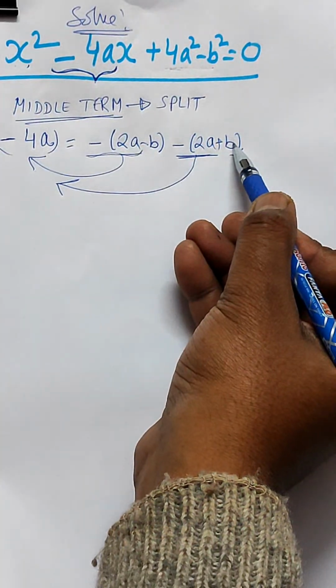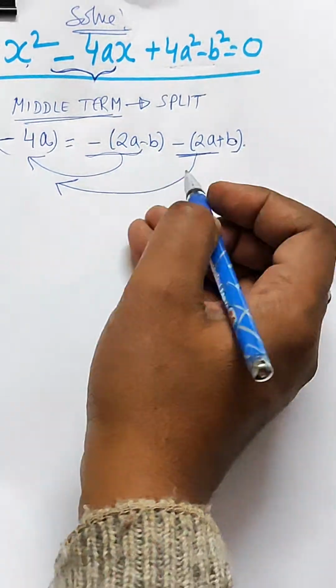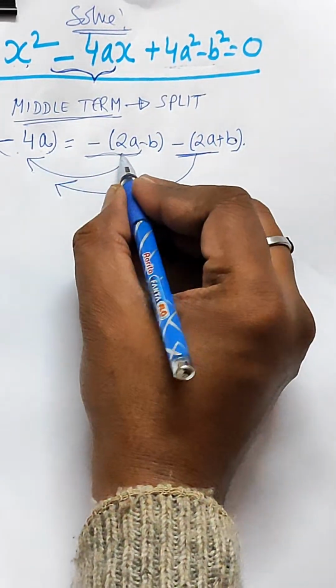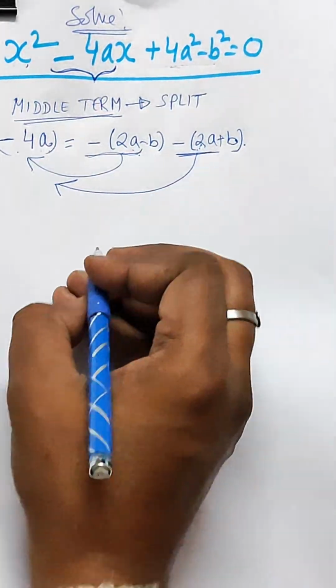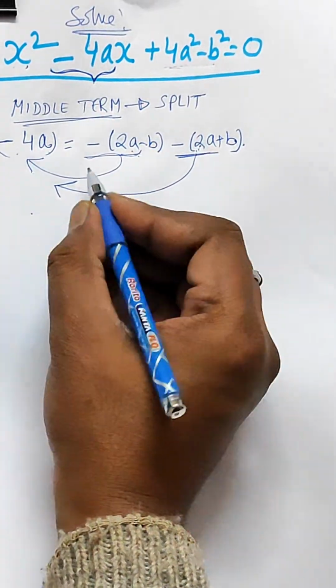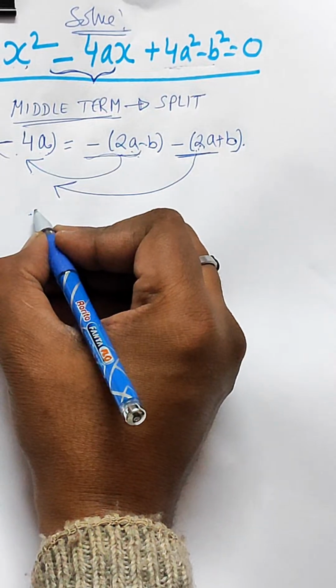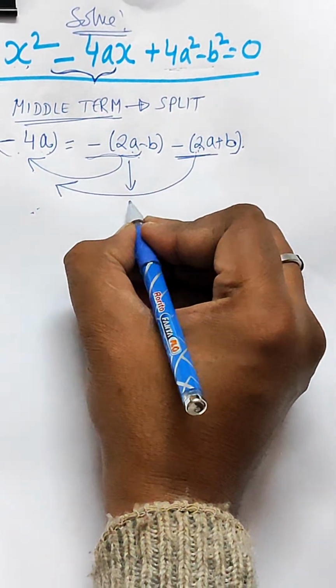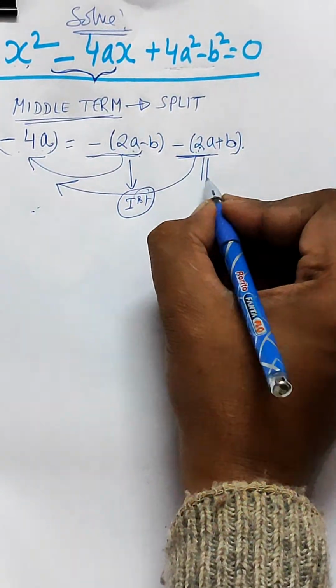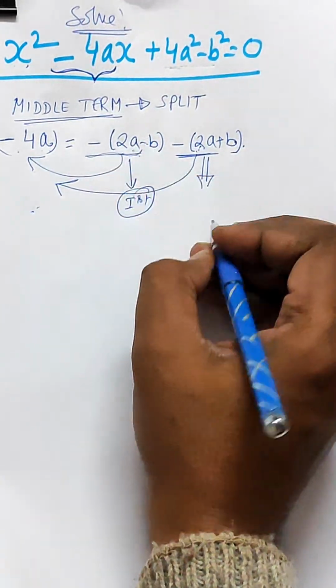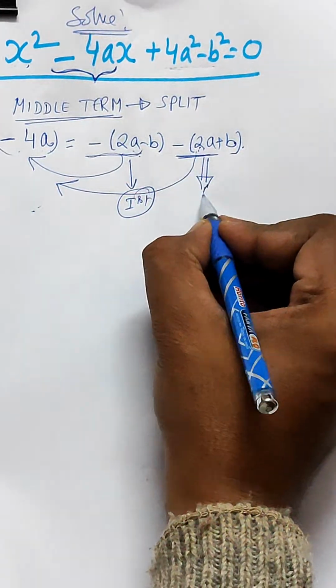Right? So we can say that minus 4a can be split into two terms. The first term is minus 2a minus b, and the second term is minus 2a plus b.